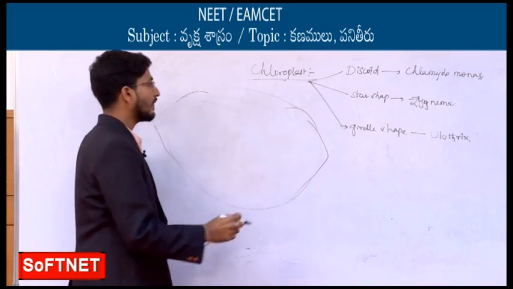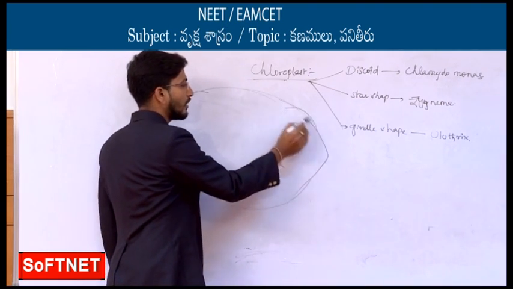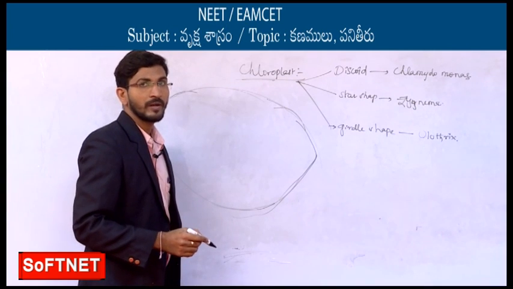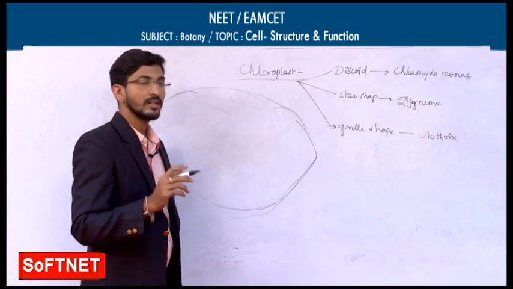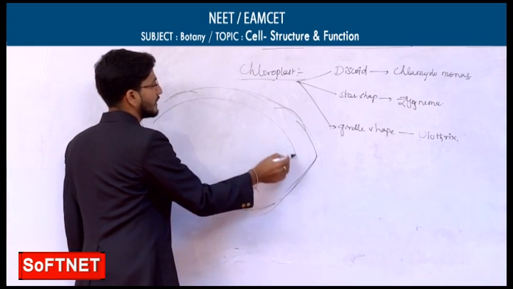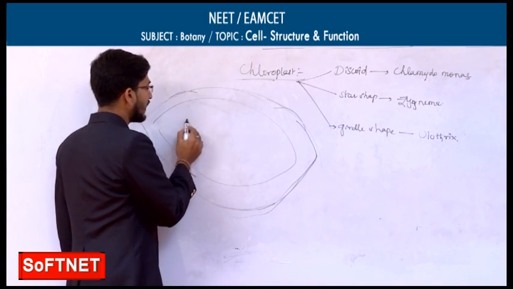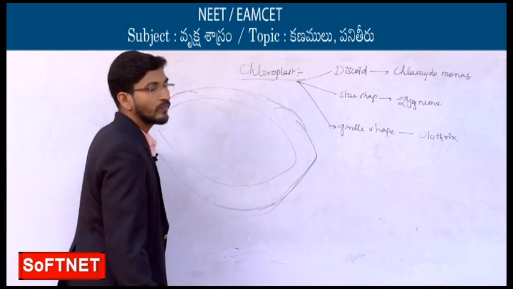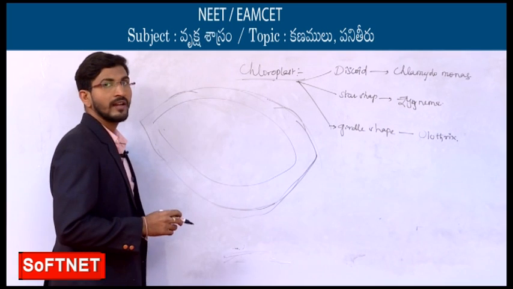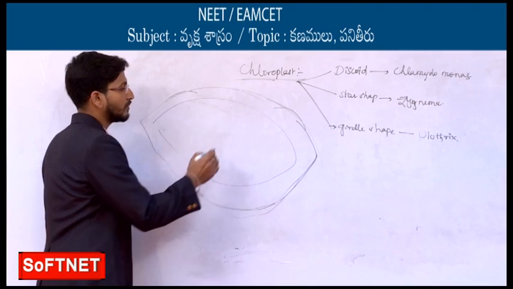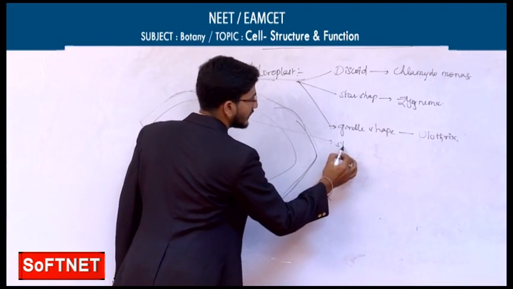The outer envelope is permeable to water molecules and some substances. The inner envelope forms structures known as lamellae. Within the inner envelope you will find the matrix or stroma.